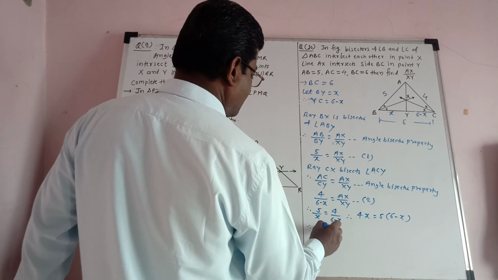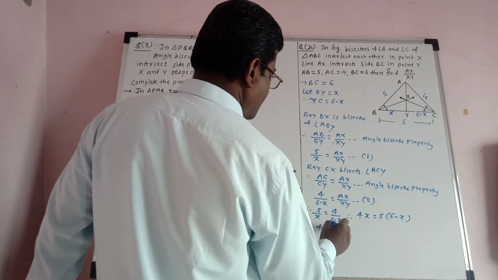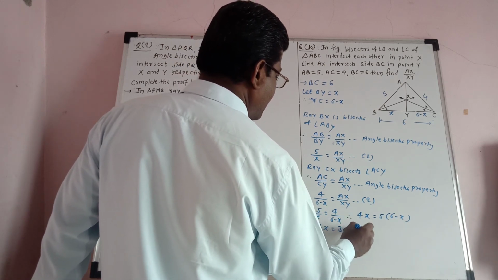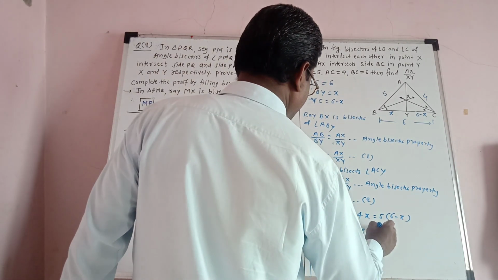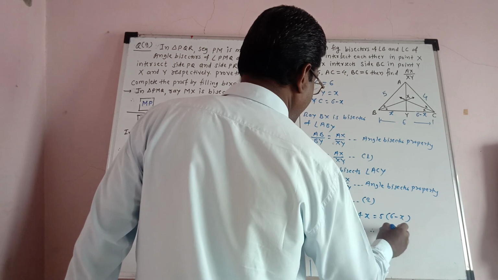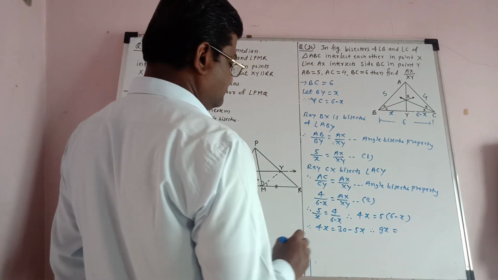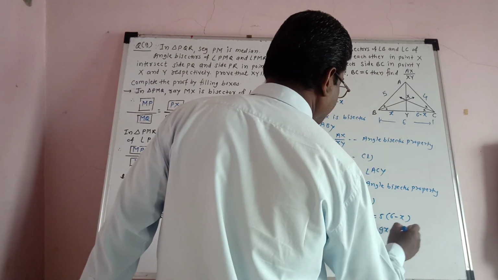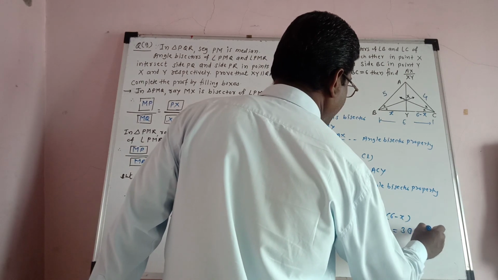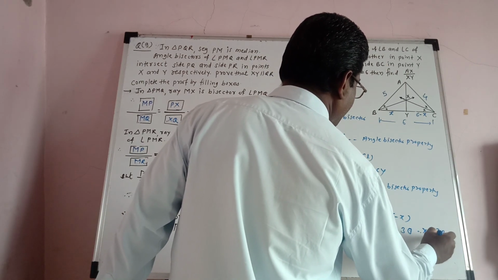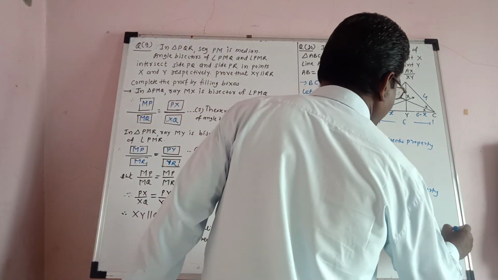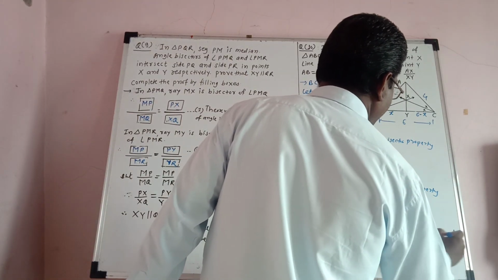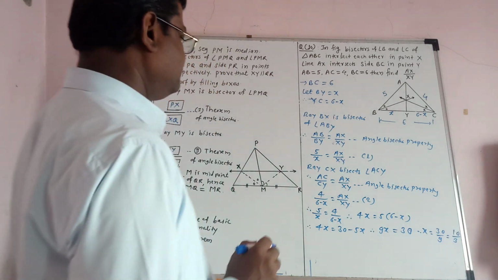Therefore 4x is equal to 30 minus 5x. Therefore 9x is equal to 30. Therefore x is equal to 30 upon 9, dividing by 3, it will be 10 upon 3.